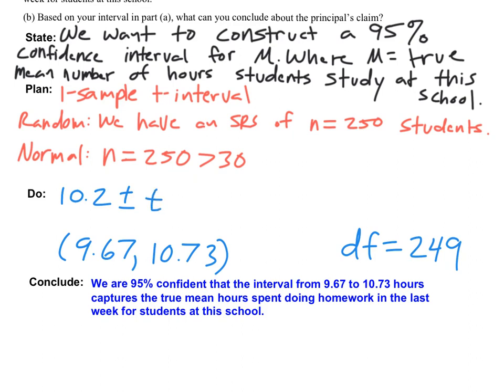Okay, so for my work, I will put t star, and then of course my standard error of 4.2 over the square root of 250. Okay, if that shows up in your do step, you need to have the degrees of freedom in the do step as well.